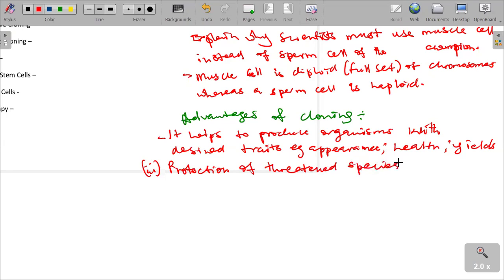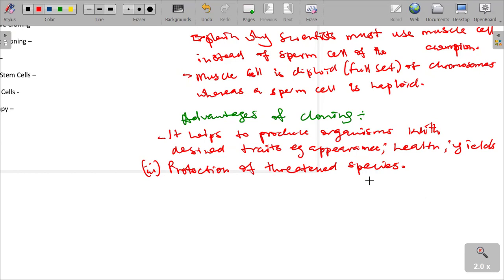What is happening is that the endangered species, given that they might be coming to extinction, we can as well be able to produce many of them, having just one or two of them that are still alive. So endangered species can also be protected or preserved. Preservation, I think, can be the best word. Preservation of threatened species can be fine.